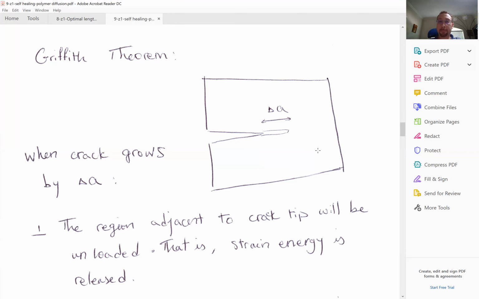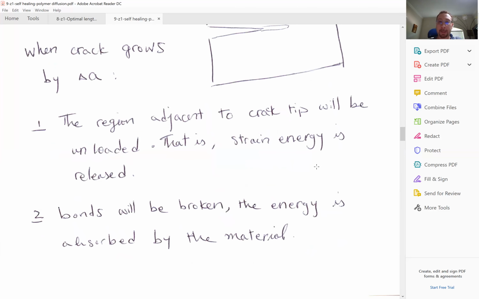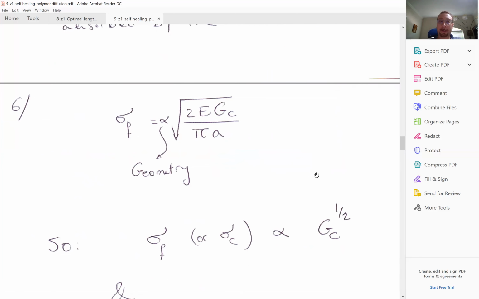The Griffith theorem brings these two types of energies, the one that is released and the one that is dissipated, together, and it gives us a very well-known equation in the realm of fracture mechanics.